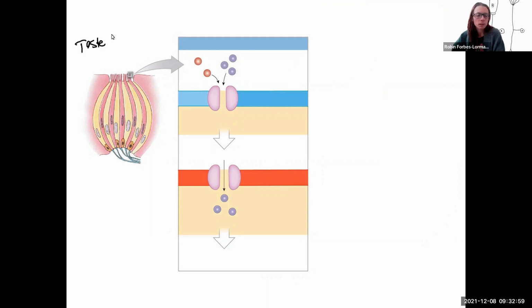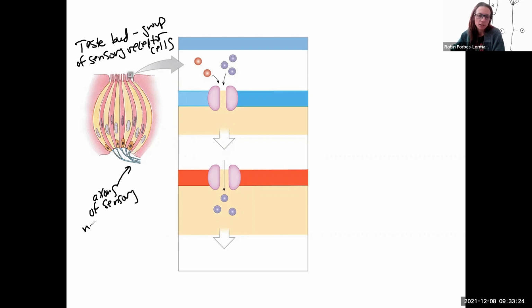A taste bud is a collection of sensory receptor cells, taste receptor cells specifically, right? And you can see those cells there all next to each other. Here's the nuclei, and then these are the axons of these sensory neurons that are going to carry signals to the brain via various cranial nerves.